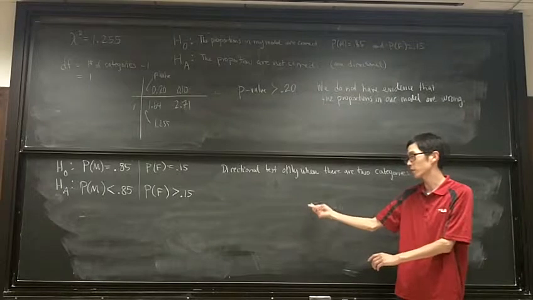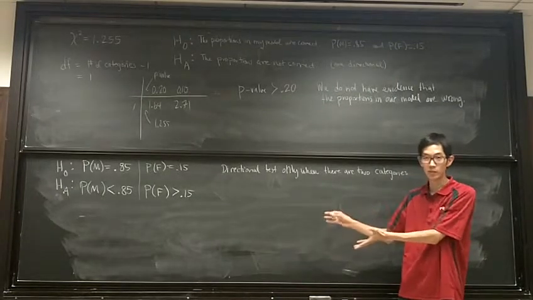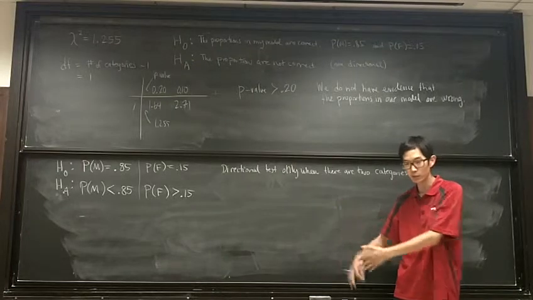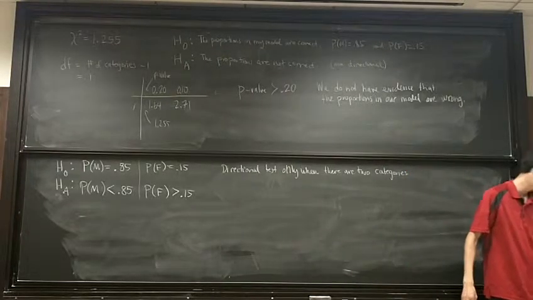If you wanted to test that, you can do white versus non-white, and then you'd have only two categories. But if you've got more than two categories, you can't have a directional test.